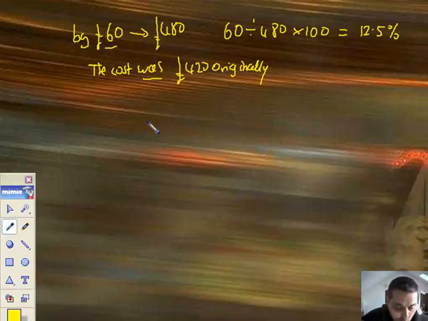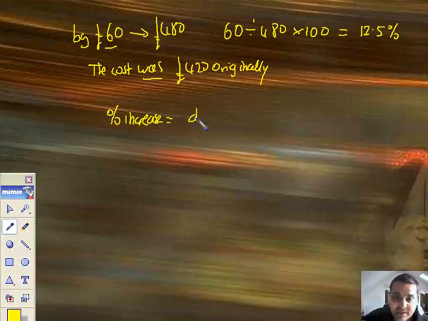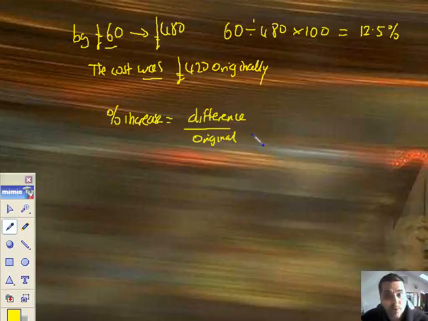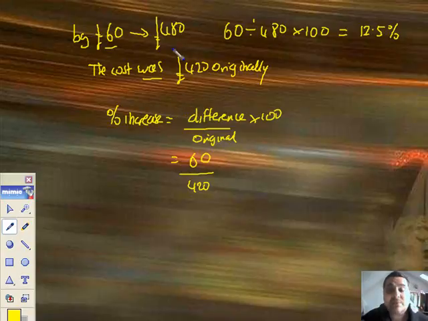So part B, what is the actual percentage increase in the cost of his insurance? Just to remind you, percentage increase, or decrease for that matter, is going to be the difference divided by the original price from which you went up or went down, and then multiplied by 100. So the difference was £60, and the original was 420 because it went up to 480.